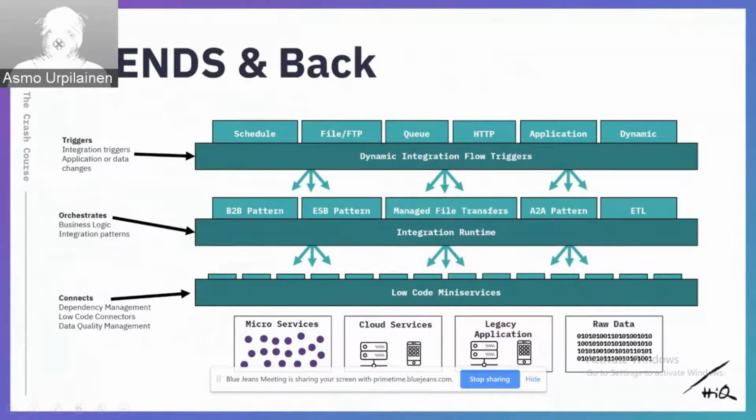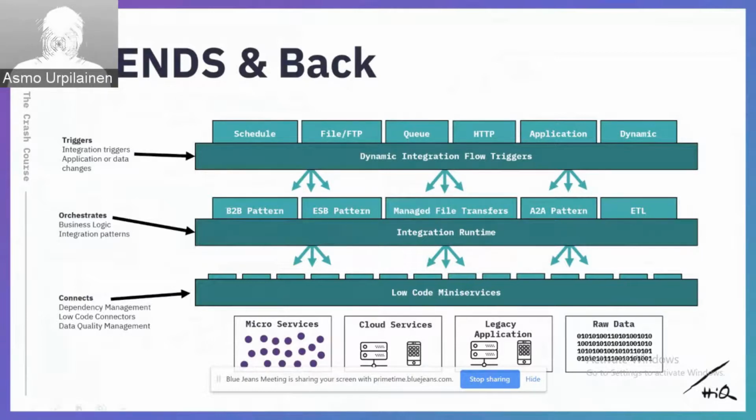And this means that the low-code mini-services or tasks are the components that we could use to, for example, wrap legacy application functionality behind this sort of an abstraction layer, or connect towards, let's say, an SQL database to retrieve raw data from that database, or even in many cases nowadays, wrap microservices that the customer has created, or any other type of services that they might have just floating around, and bring those into the fold, so to speak, so that we'll be able to have that integration catalog that tells us which is installed where and how each of these things should be consumed.